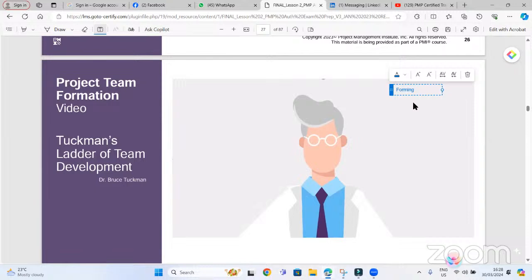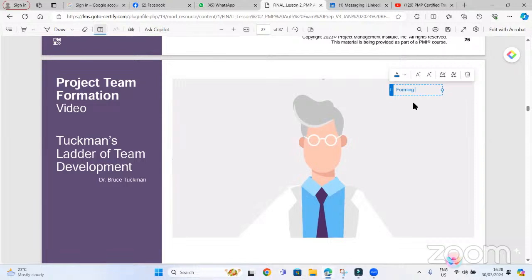Here you need to be a directive leader. You need to provide them the very first understanding of the project. And also, as a leader, you need to take them through team building activities so that they break the ice and get to know each other.